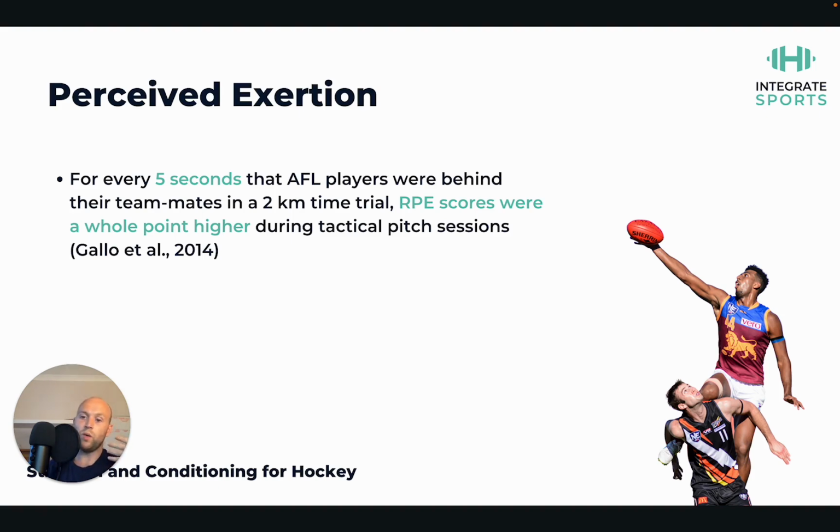In other words, we are able to tolerate a greater workload, work at higher intensity, and perform higher intensity pitch sessions, which is a really beneficial thing. Clearly, we want to be training as hard as we can without it affecting the ability of players to recover and go again.